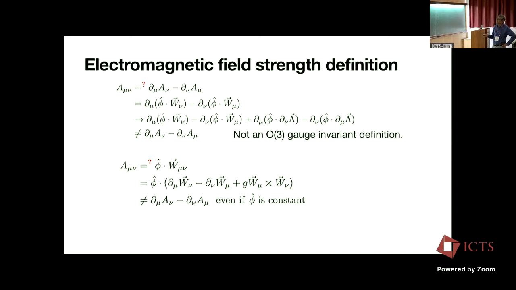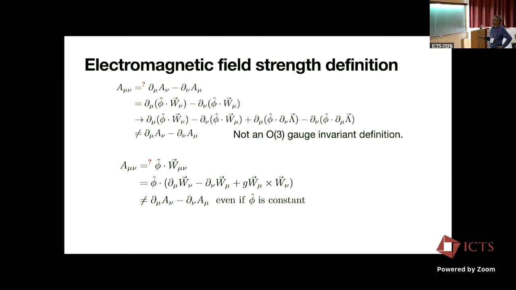Okay, sorry. What did I do here? I'm trying to do a gauge transformation, but this is not completely correct. So ignore this line.